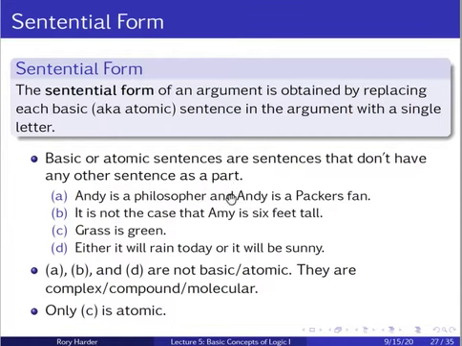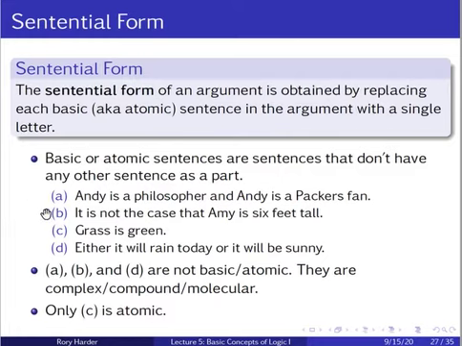So the word and conjoins two simple sentences. The sentence Andy is a philosopher and the sentence Andy is a Packers fan, these are basic or atomic sentences. But this entire sentence, A, puts together two atomic sentences by conjoining them. And so A is not a basic sentence. Let's look at B now.